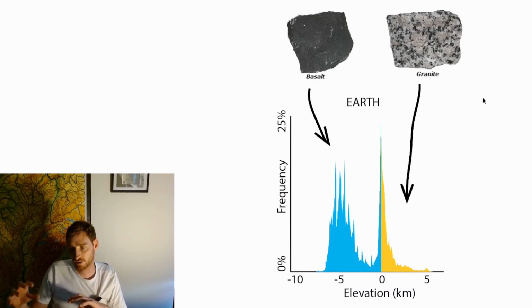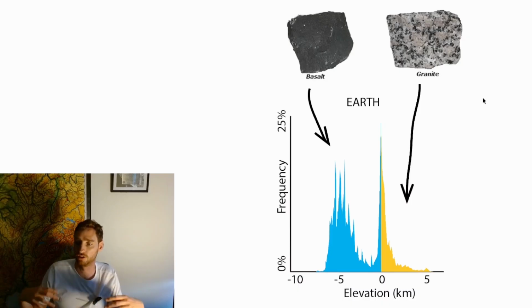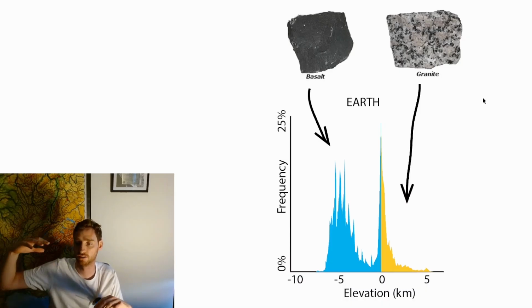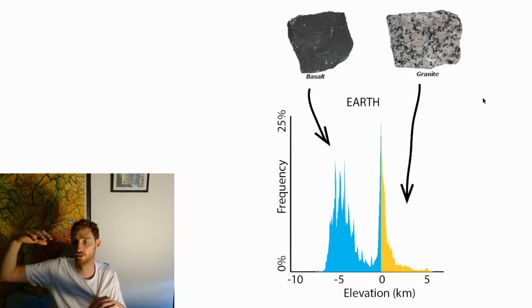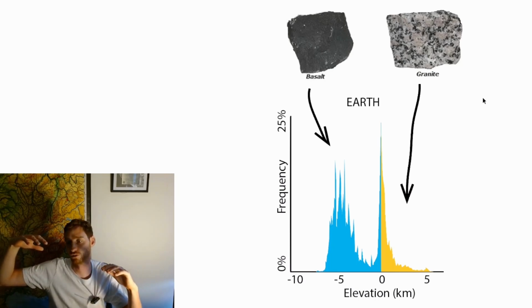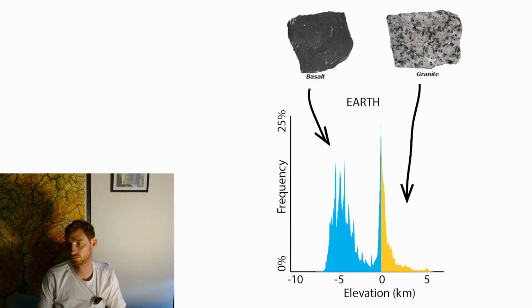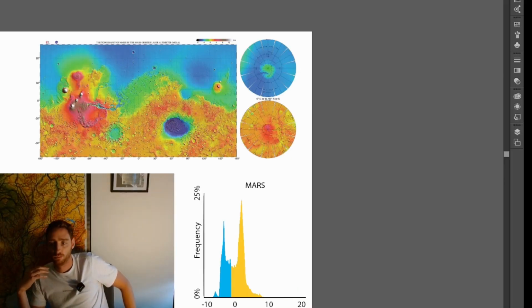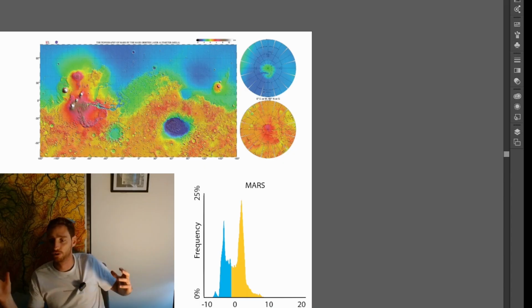And because the continents are so different from the oceans in terms of this rock type, in terms of this mineralogy, we see that the continents are essentially buoyant, right? They're floating higher on top of this ocean of magma as compared to the oceanic crust, which is basalt. So then I guess you can ask the question, why does Mars have this bimodal hypsograph, right?